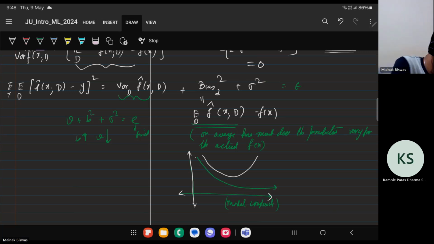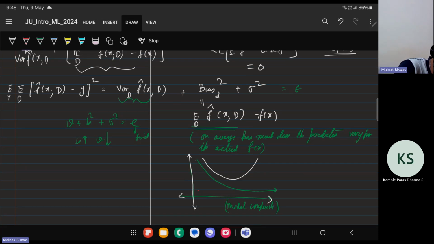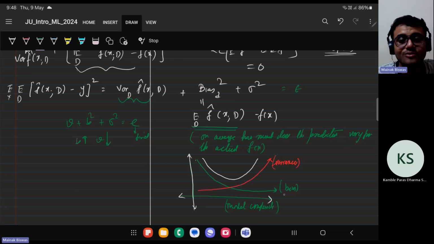As your model complexity increases, your variance keeps on increasing and your bias keeps on decreasing, because you are going to be much closer to the actual value as you go higher and higher, but your variance will increase. What you see is, therefore, this sum is the error.